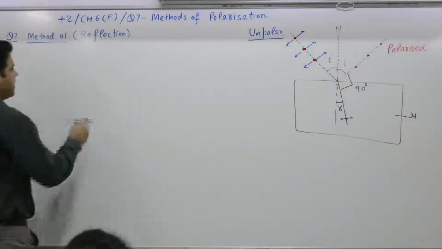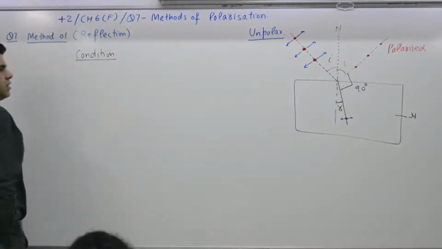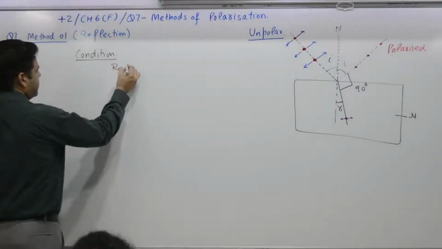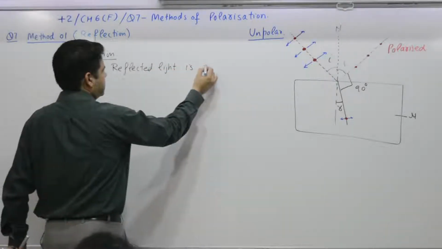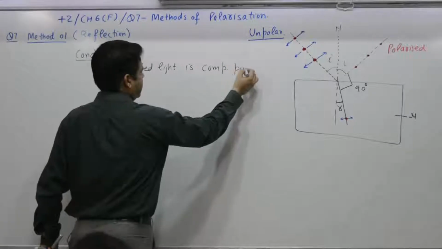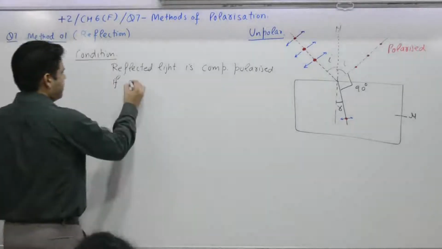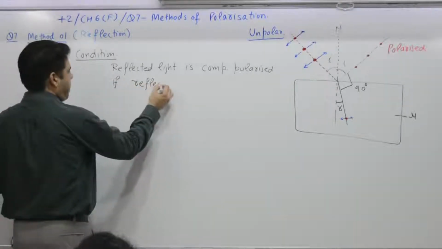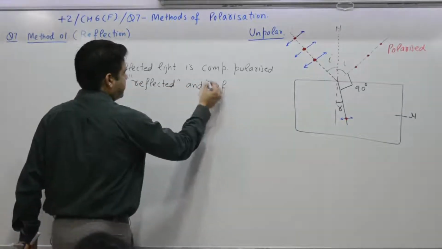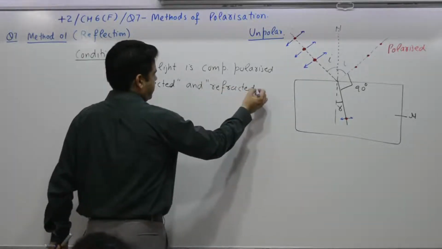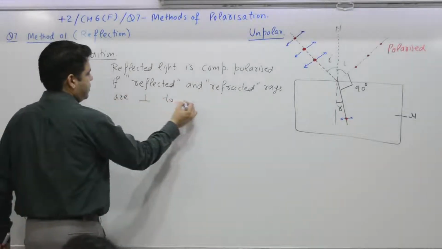So what is the condition? The reflected light is completely polarized if reflected and refracted rays are perpendicular to each other.